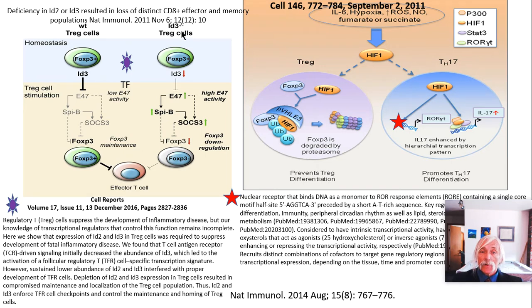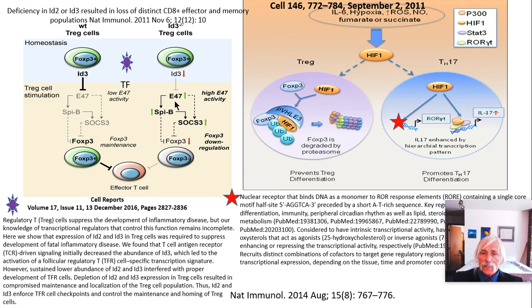Now, in ID3 minus cell lineages, this is showing you yet another factor, a protein that's going to be associated with altering, a dysfunctional regulation of Tregs, right? Because you have this mutation, or you've lost ID3, you don't have it.